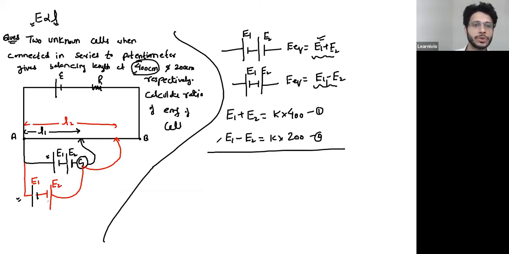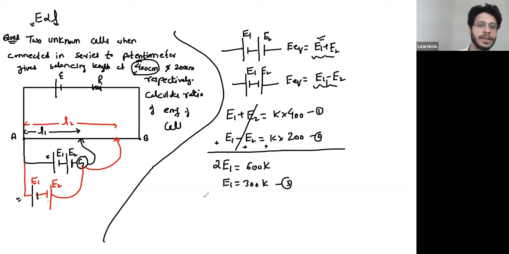So we can add these two equations. This will cancel E2. E1 plus E1 is 2E1, and 400K plus 200K is 600K. So your E1 comes out to be 300K. If I substitute the value of E1 in equation 1, then 300K plus E2 is 400K.